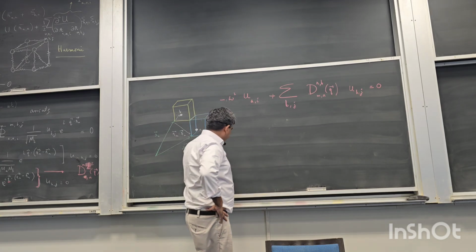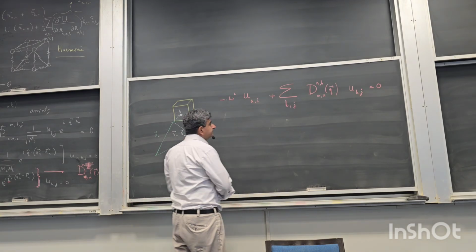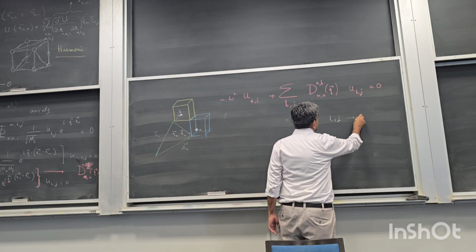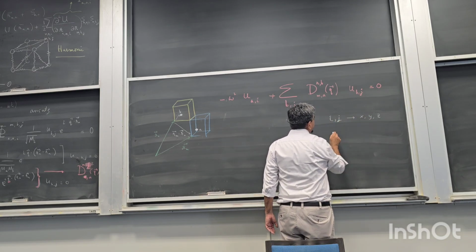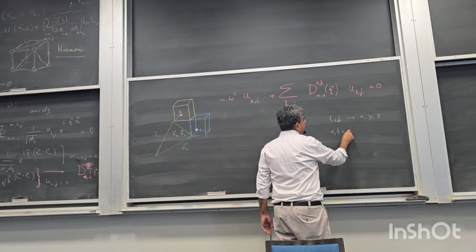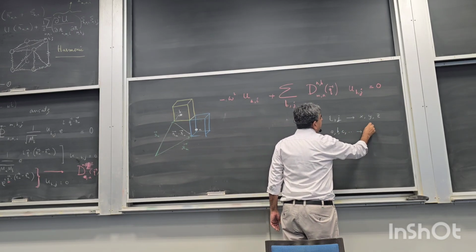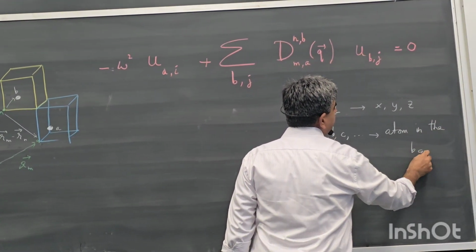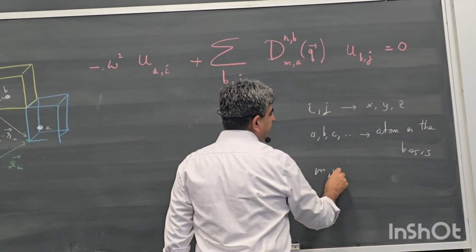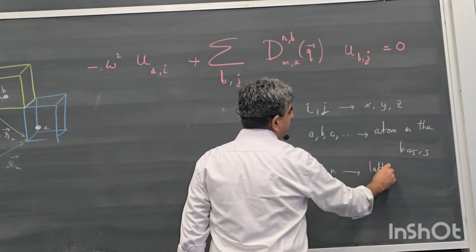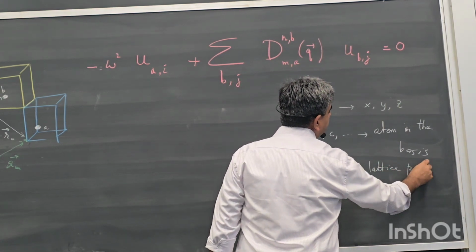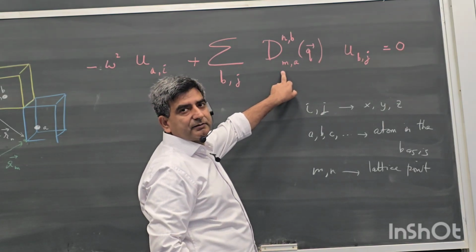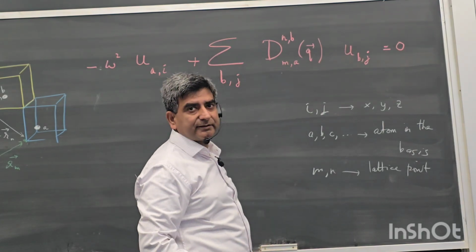Remember these indices I and J represent the direction or X, Y, Z. A, B, C, etc. represent the atom in the basis, and M and N represent the lattice point. And this lattice point is only relevant to the calculation of the dynamical matrix element. There is no N or M anywhere else.